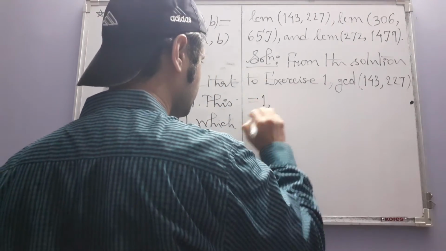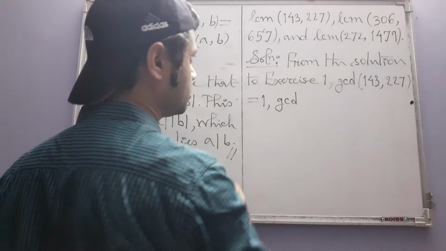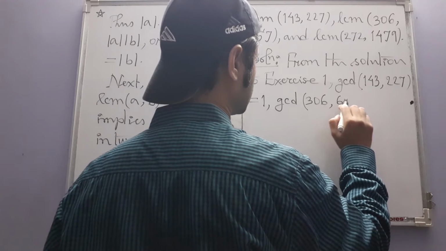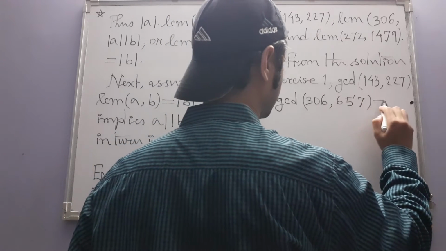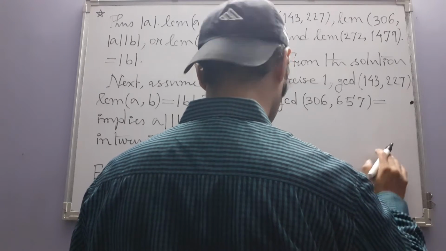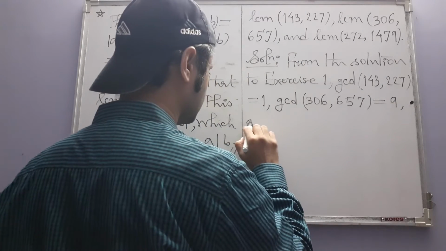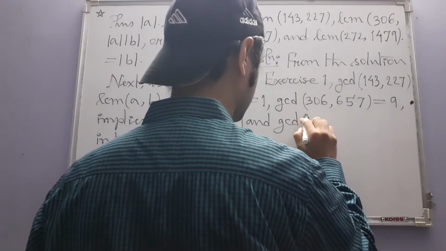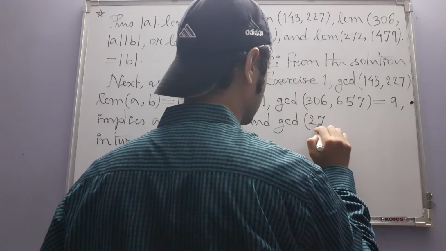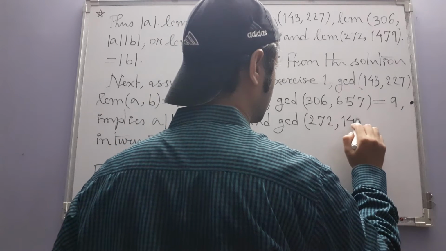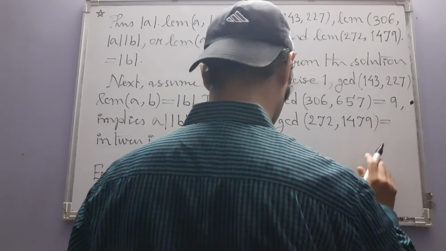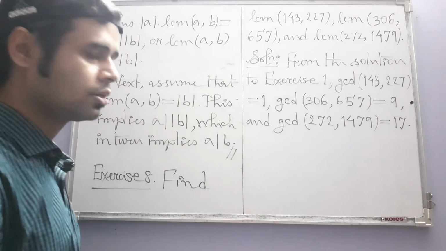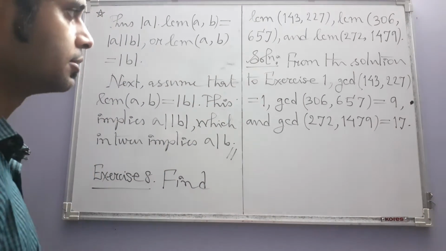Yes. Then the GCD of 306 and 657 is 9, and the GCD of 272 and 1,479 is 17. Since we have these calculations available in the solution to exercise 1, we are not repeating things.